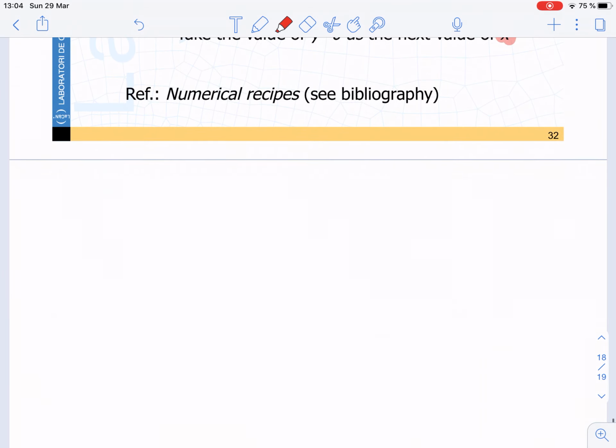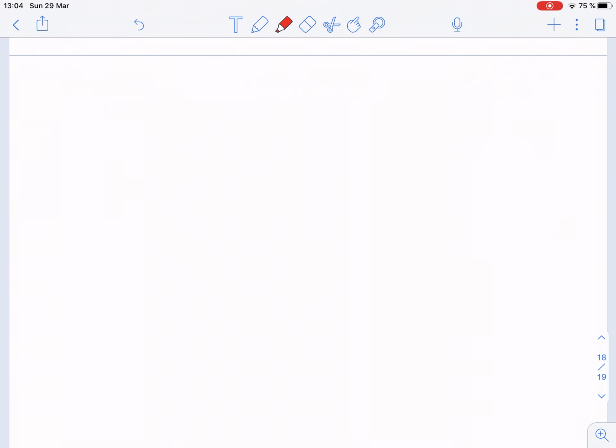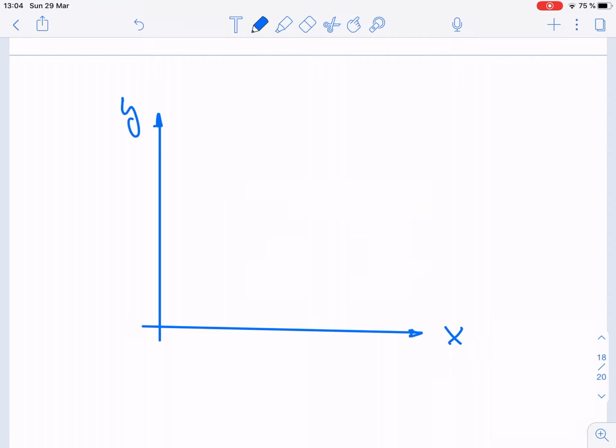Let us finish by illustrating this idea in the following plot. So in an xy plot, we have points A, fA, B, fB, C, fC.